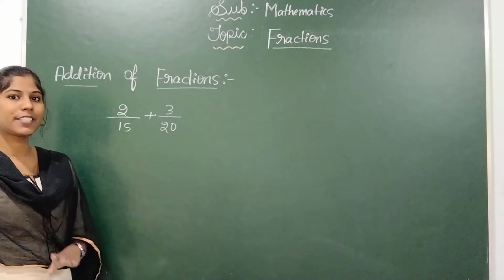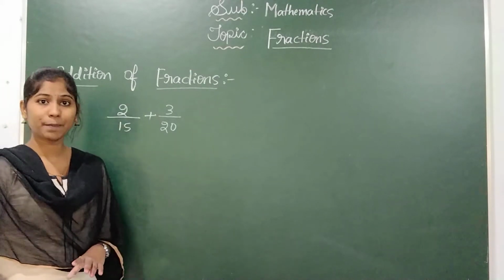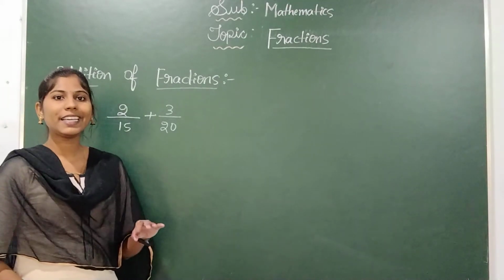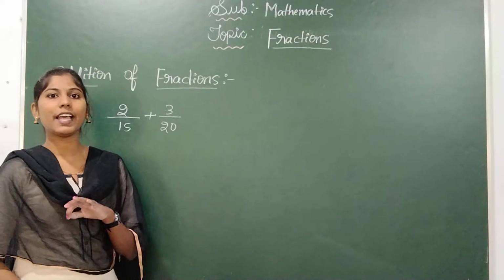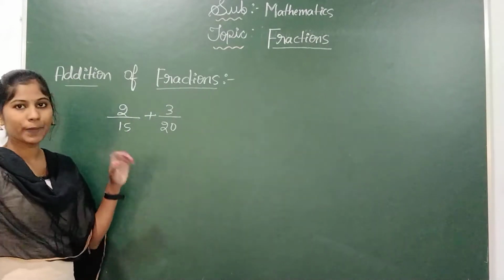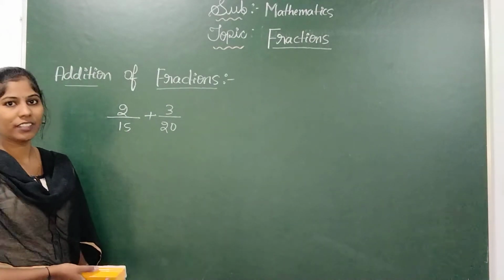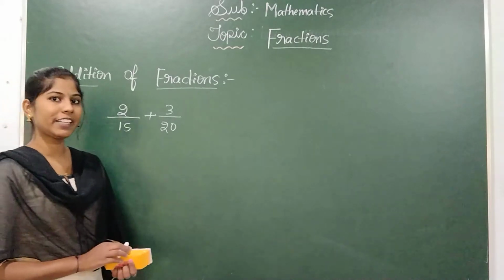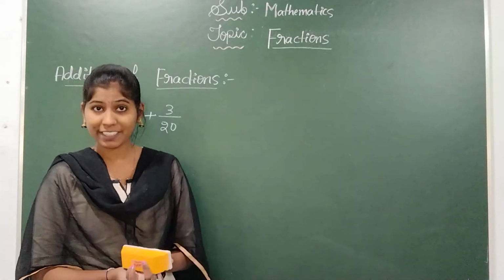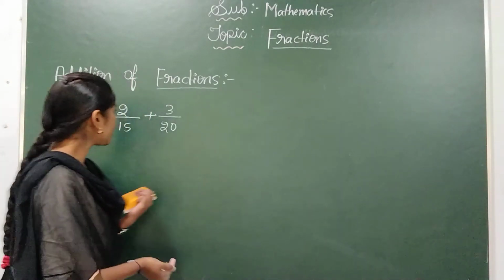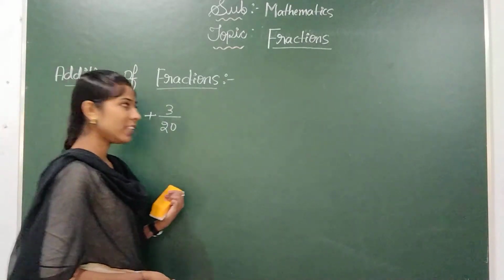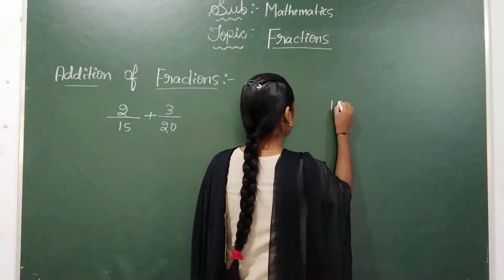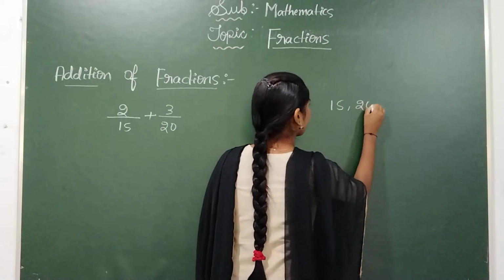What steps do we need to follow to add unlike fractions? The first step is to find the LCM of the denominators. As we learned already, you can find the LCM by the prime factorization method, for 15 and 20.